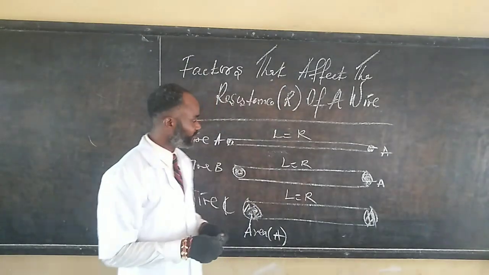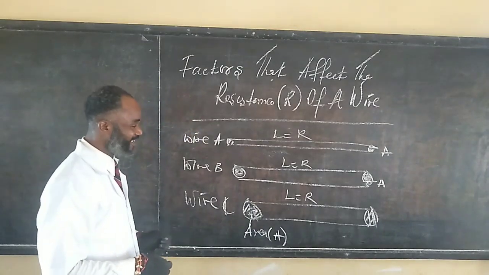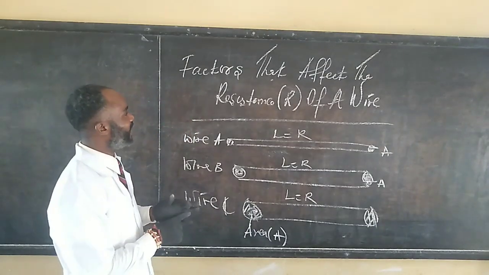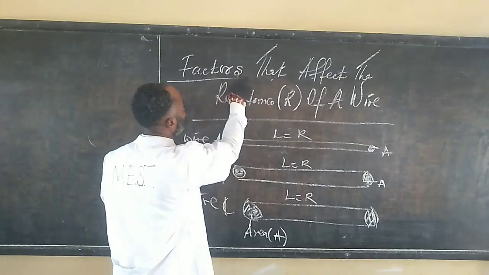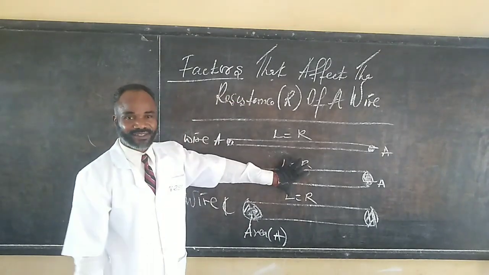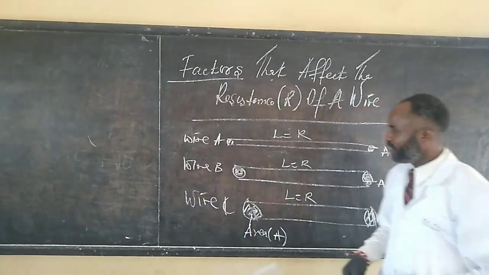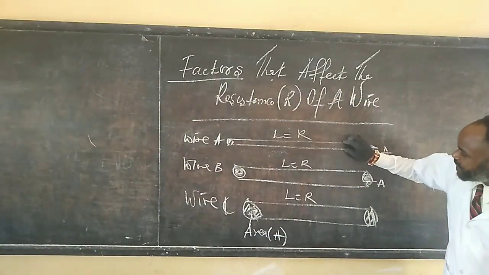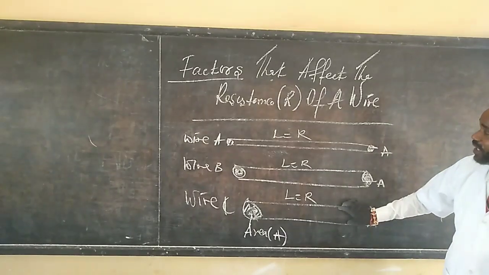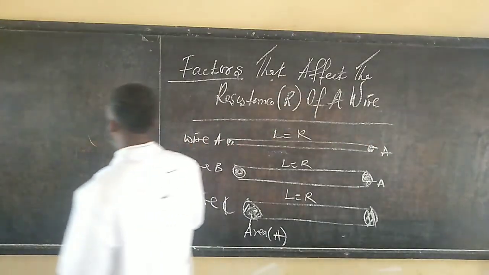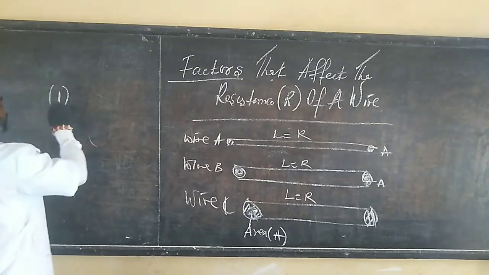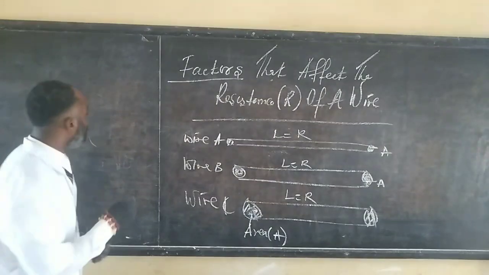So let's see. Interesting. But that's not our concern. Our concern is to explain the factors that affect this when it is connected in an electric circuit. Now, the nature of the wire is different as well. Number 1 is the length of the wire.